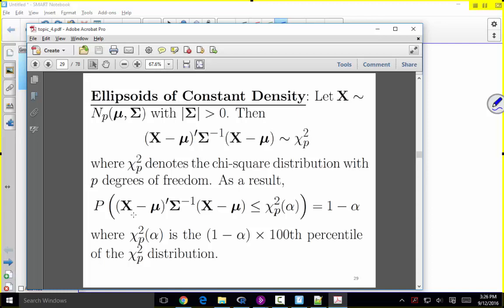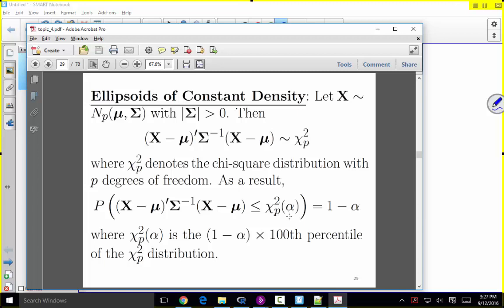So that means this holds. The probability that the squared statistical distance is less than or equal to a particular percentile from the chi-square p is a known quantity. So chi-square p of alpha.